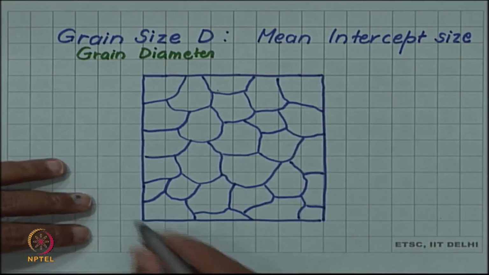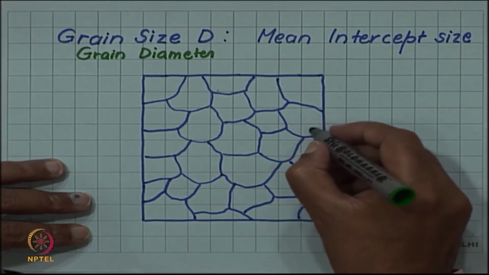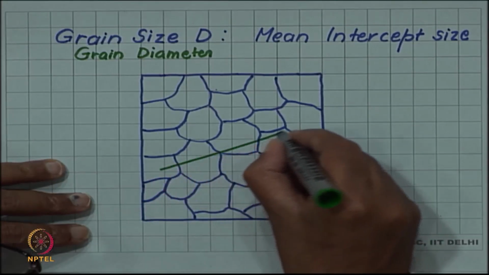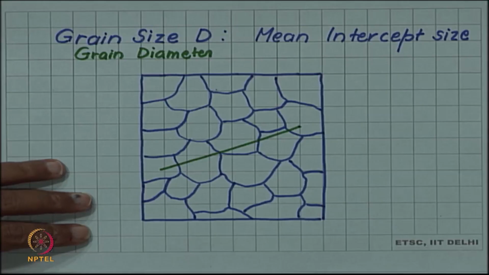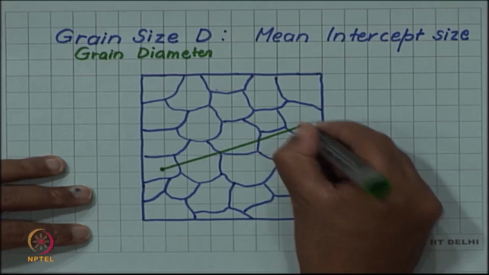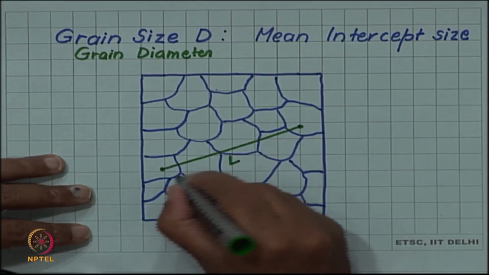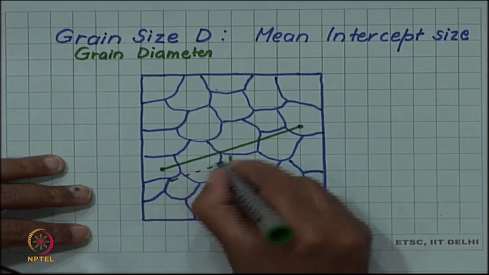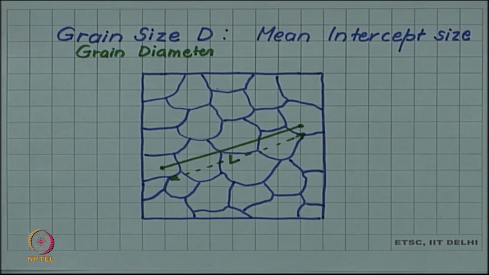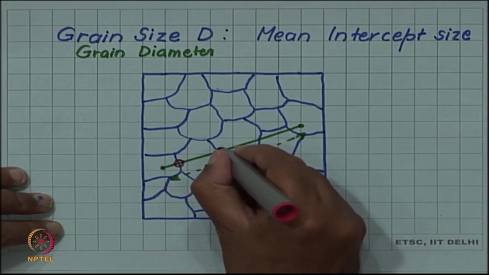What you do is take a micrograph like this, which is showing the grains and grain boundaries, and then draw a line on this of a given length. Let L be the length of the line, and then you count the number of grain boundary intersections.